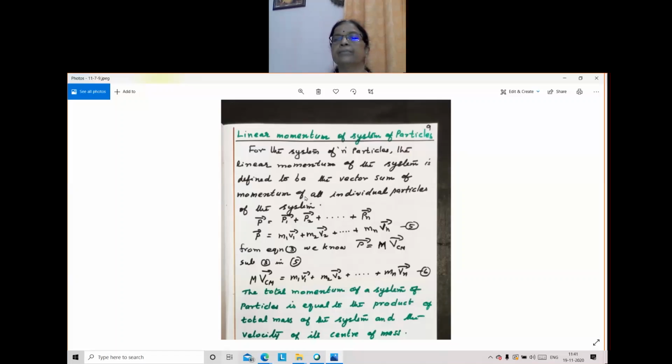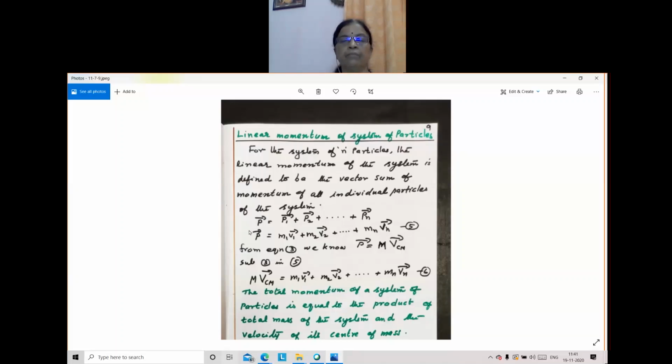Next, linear momentum of system of particles. So you are considering a system having n particles, and for the system of n particles, linear momentum of the system is defined to be the vector sum of momentum of all the individual particles. So this is the total momentum of the system, equal to the sum of momentum of individual particles of the system.